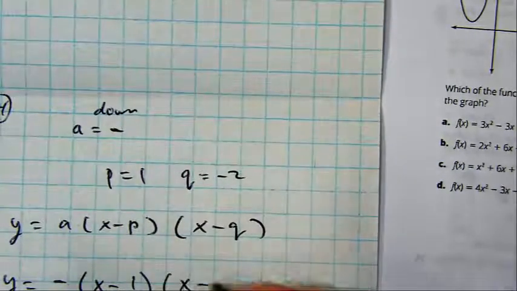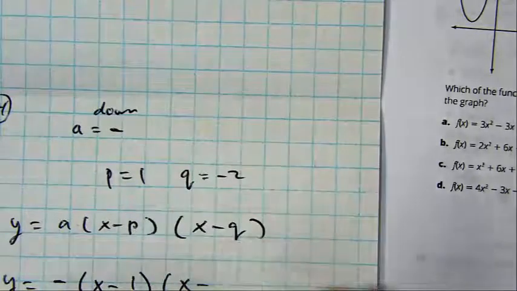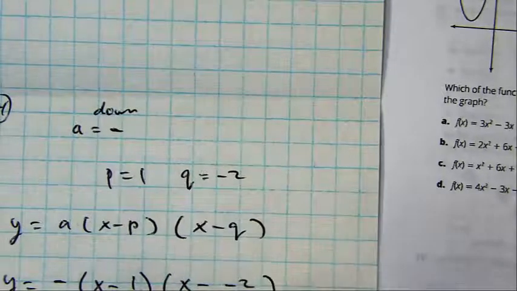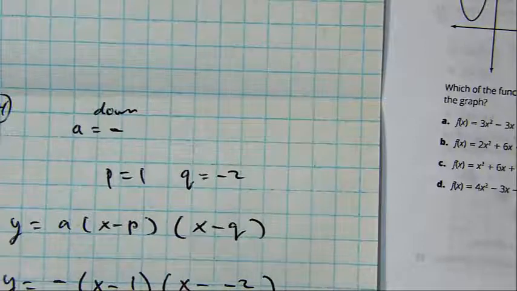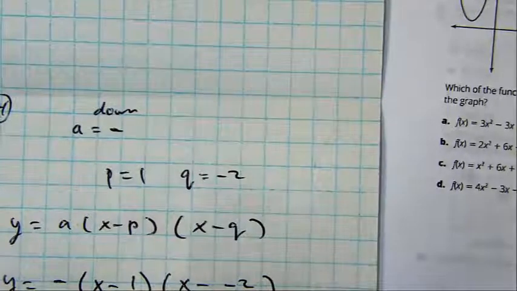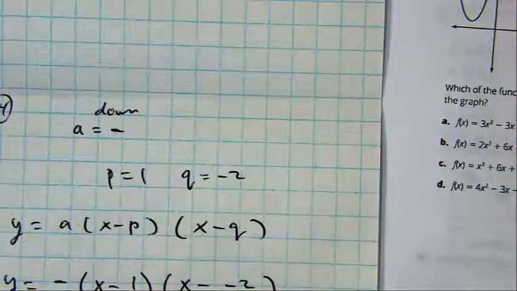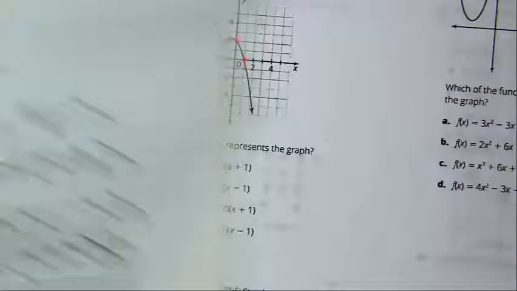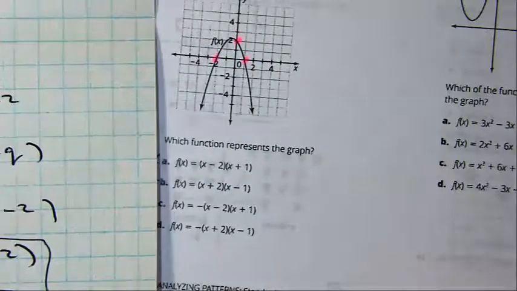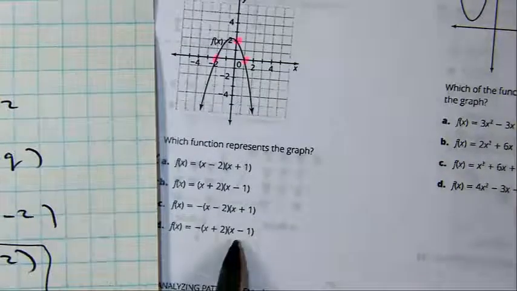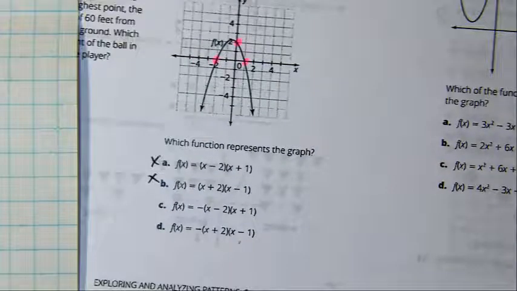Pay attention here. Your q value is negative 2. See that? And I just have to clean that up. Negative 1, positive 2. That would be choice D.